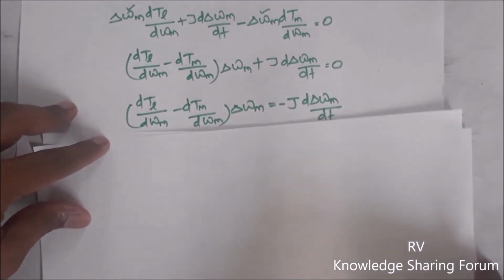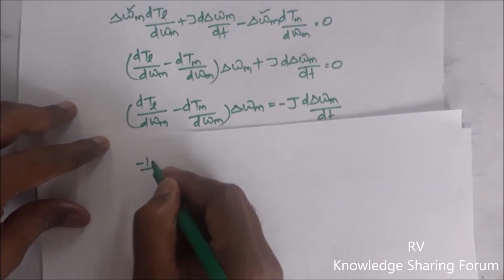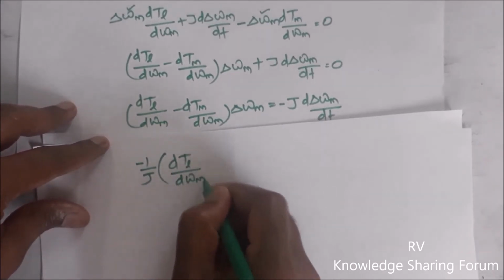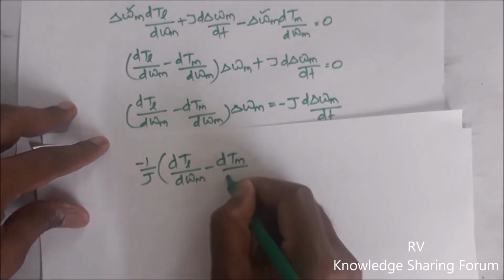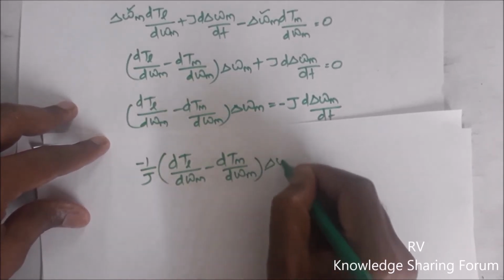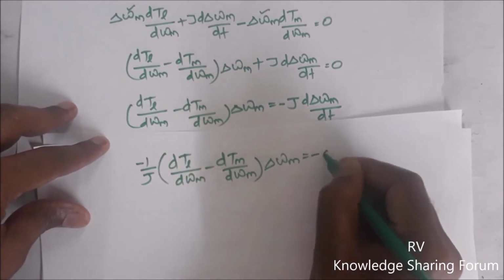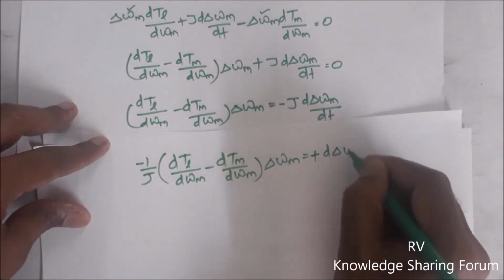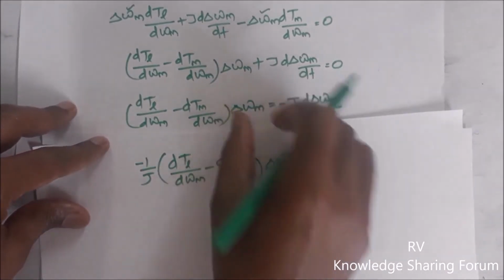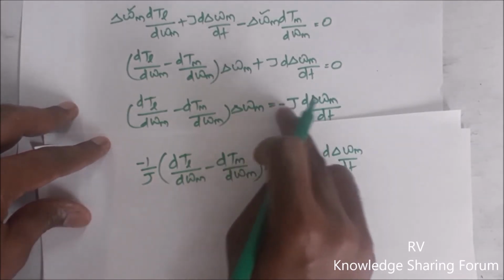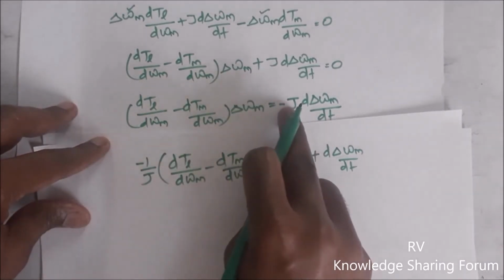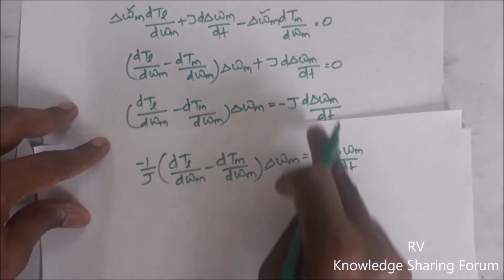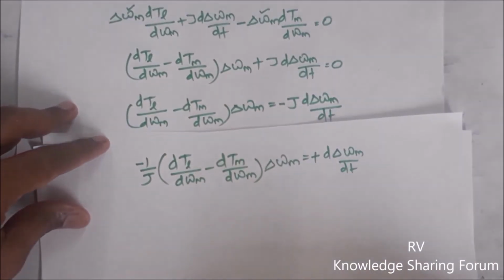So it becomes minus 1 by J into dTL by d omega m minus dTm by d omega m into delta omega m, which is equal to d delta omega m by dt.